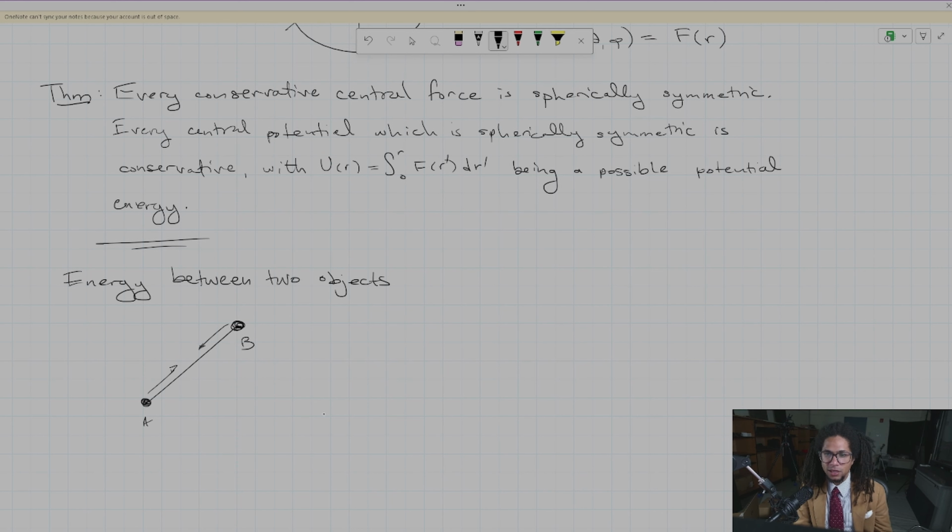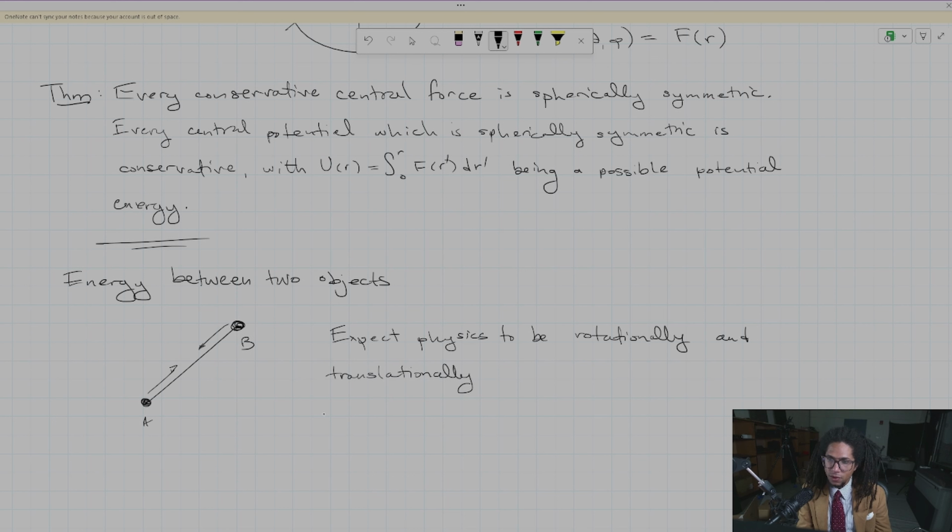What this means is that I expect my physics to be rotationally and translationally invariant.